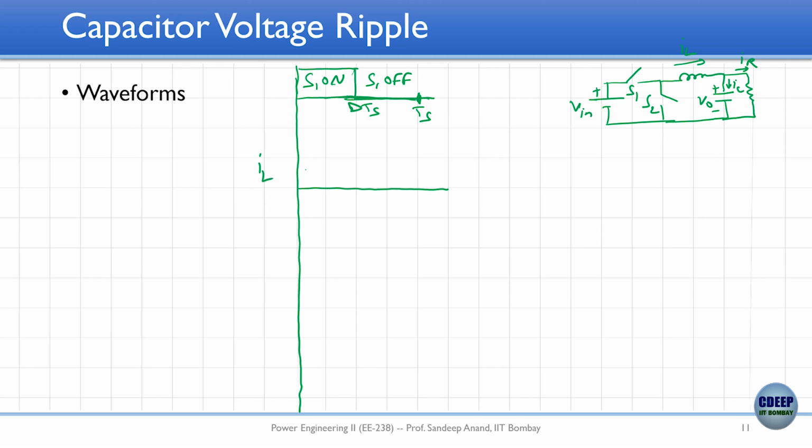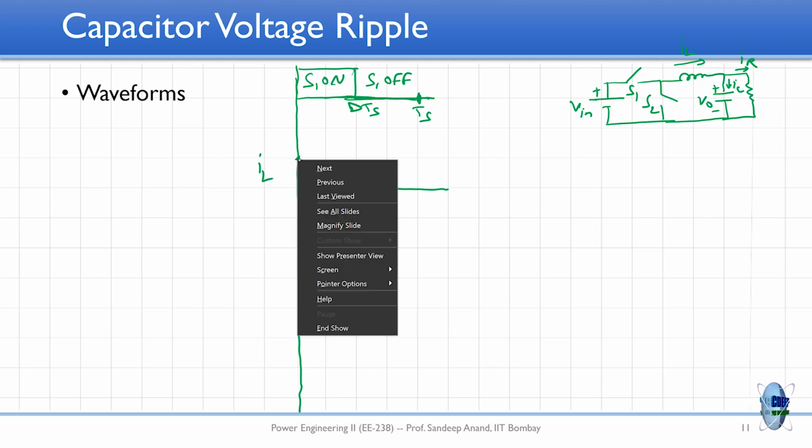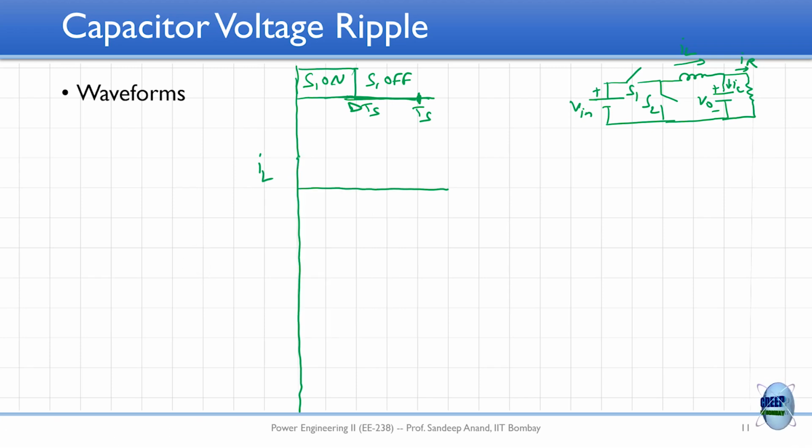If I draw the inductor current, it goes from here to here, then it reduces from here to here. Now see the circuit. Inductor current waveform we have drawn.